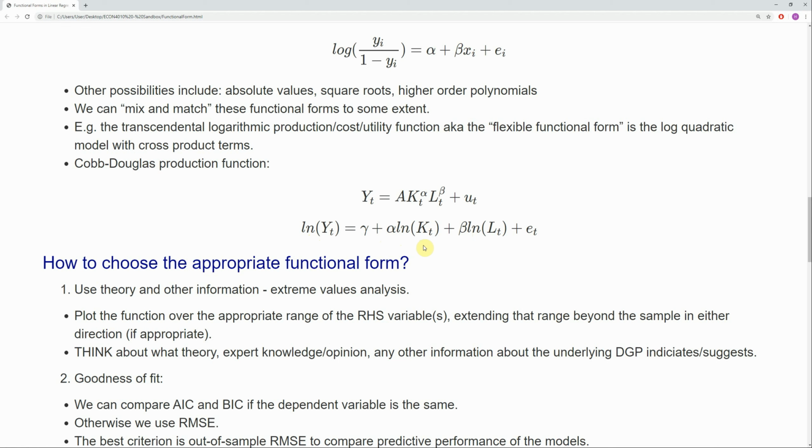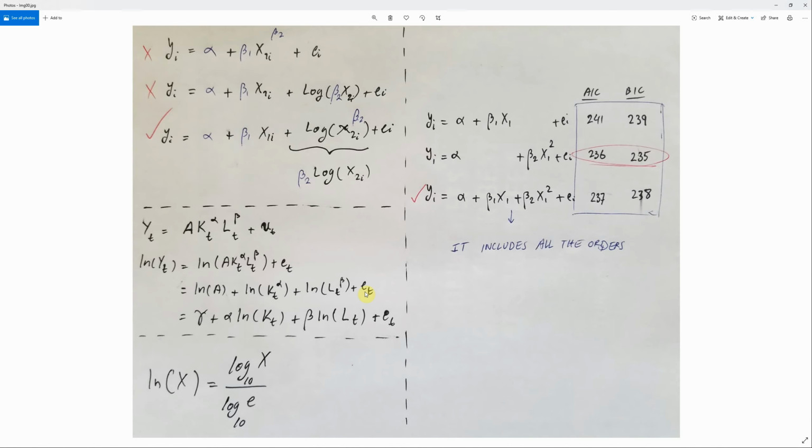Different countries are going to have different alpha and beta based on how much capital and labor are affecting their production. Also, A is important there, which is represented by gamma over there as the effect of technology.